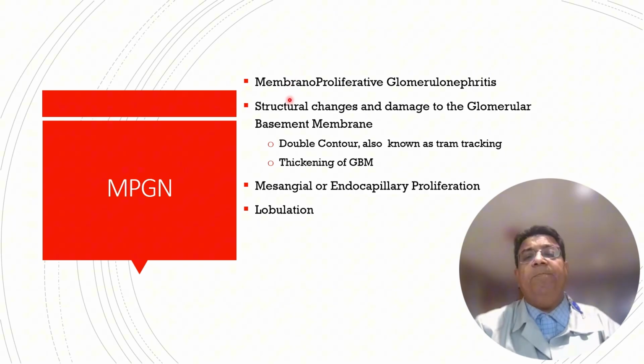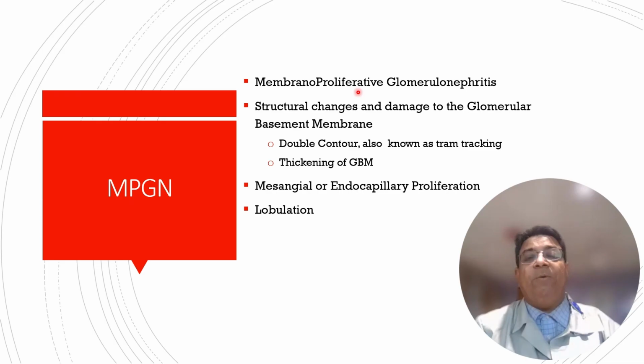As the title Membranoproliferative Glomerulonephritis suggests, MPGN is an inflammatory process, hence glomerulonephritis, inflammation of the glomerulus. And it involves two main things: structural changes and damage to the glomerular basement membrane, and proliferation.